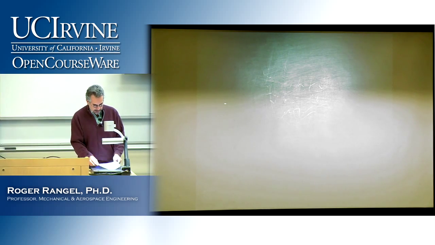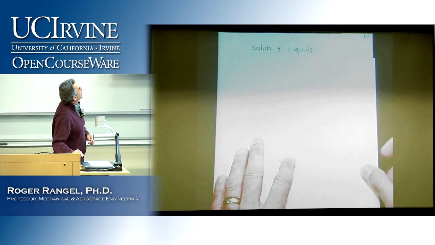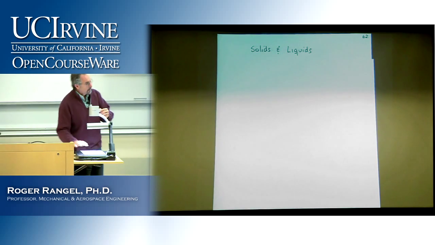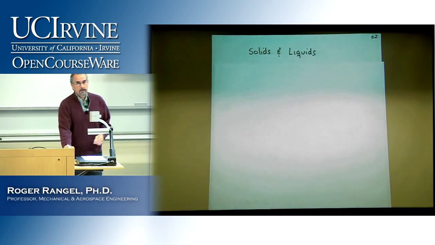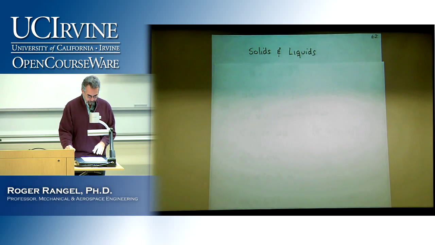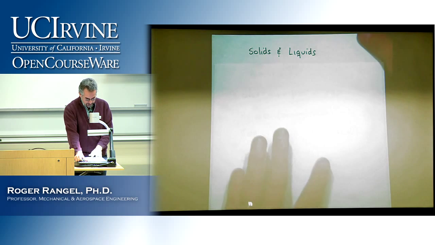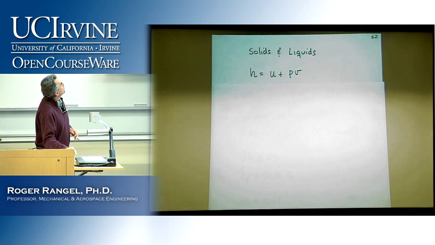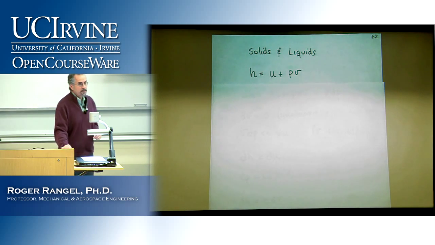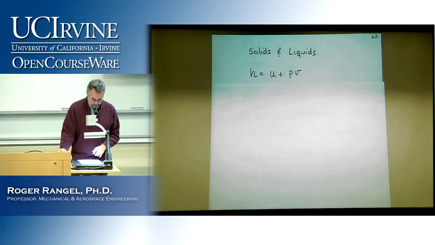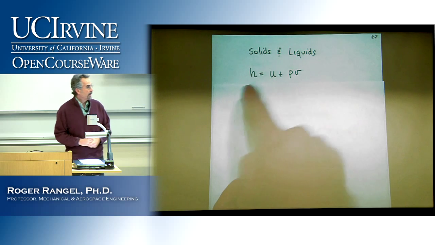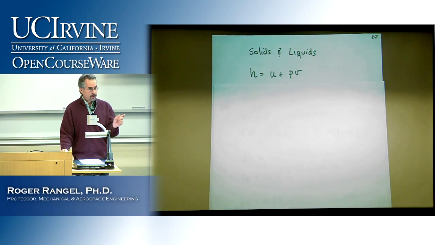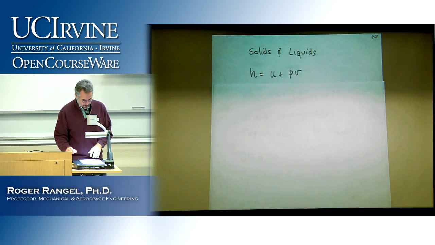Let's look first at solids and liquids and see if we can reach some conclusions about specific heat. Let's write our expression for enthalpy. Enthalpy is U plus PV. This is general. And now I'm going to differentiate that. So I'm going to take the differential of this equation.